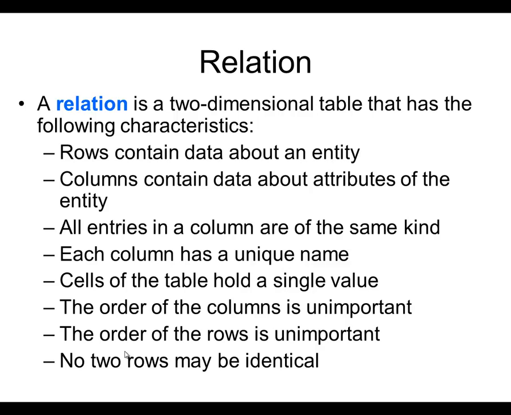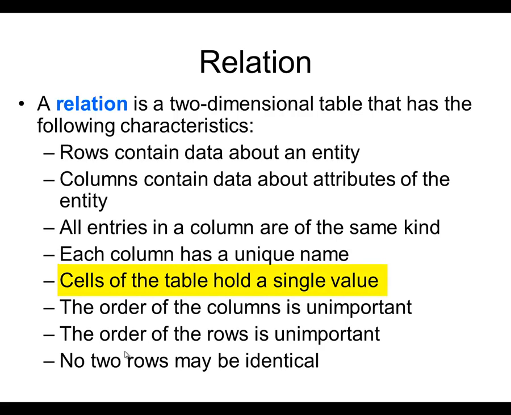You cannot put the name of a person under the street address. All entries in a column are of the same kind. Each column has a unique name, and we cannot repeat the same column again. If we have a column called street address, we don't need to add another one called street address. It's only one column. That's why it has a unique name.